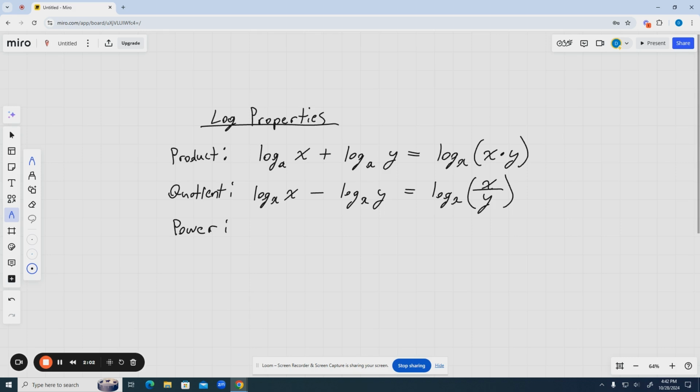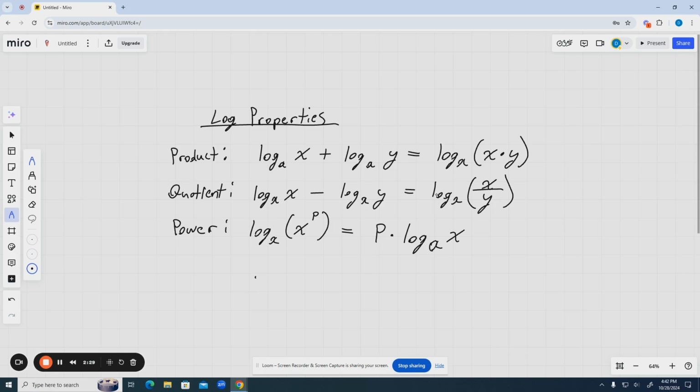Now the power rule says when you have log a of x to the, let's say, p power, this is the same thing as saying p times log a of x. All that's saying is if you have something raised to a power inside a log, you can bring it to the outside, or vice versa.